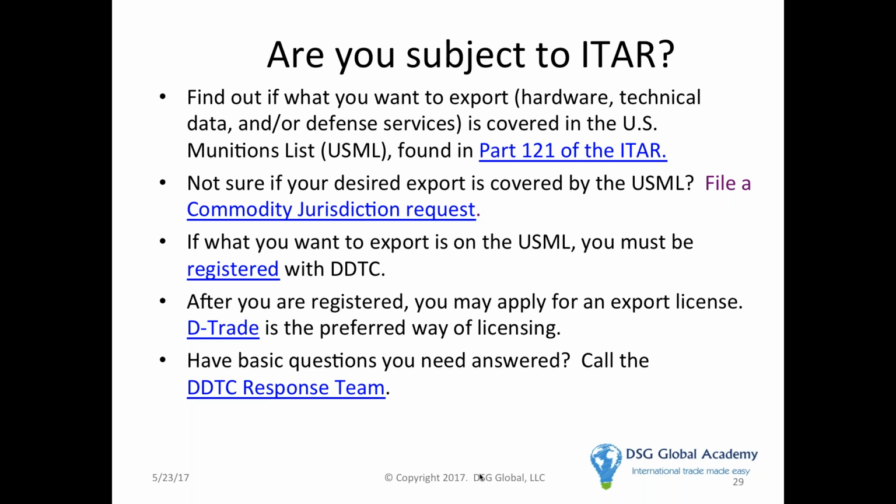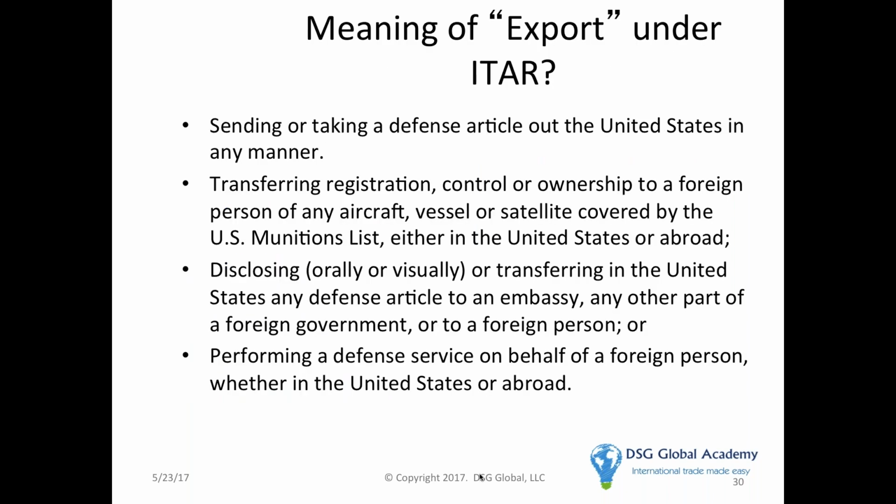In that case, if you're not sure, we submit a commodity jurisdiction request, which asks the State Department and the Commerce Department to tell us which agency has jurisdiction over our exports. Is it Commerce or State? They usually get back to you in 30 to 40 days saying it's State or it's Commerce. If it's State, it's a little more complicated. Commerce is much better. That means there are fewer restrictions.